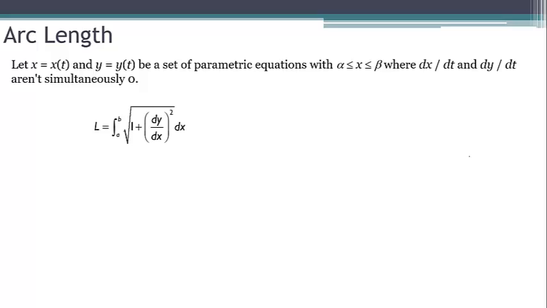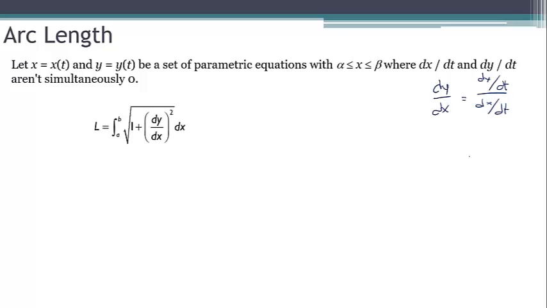We're going to start with the formula for arc length that you've hopefully seen previously. This is how we would do this with a function y in terms of x. We saw in a previous lecture that dy/dx is (dy/dt) divided by (dx/dt).